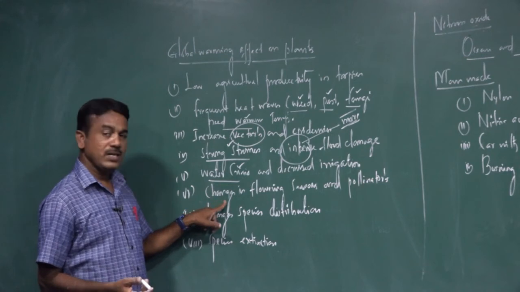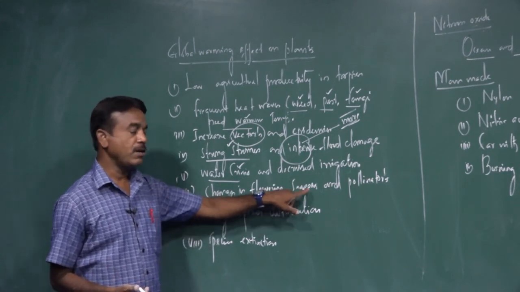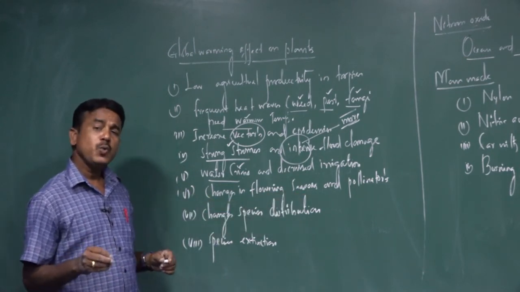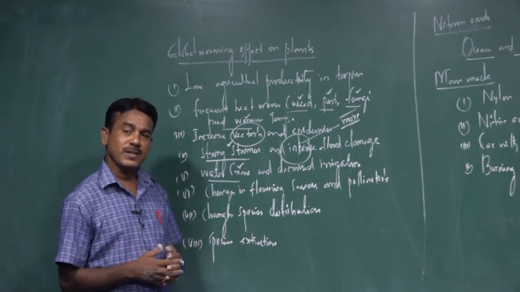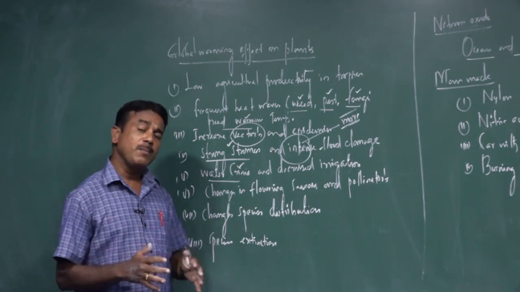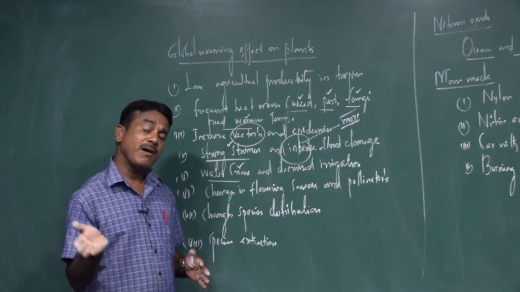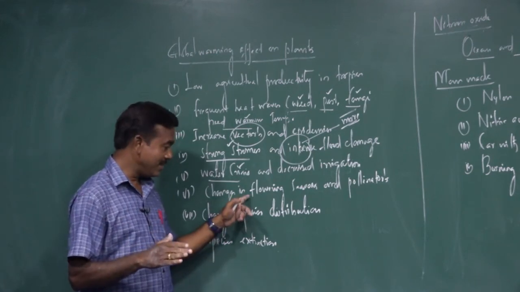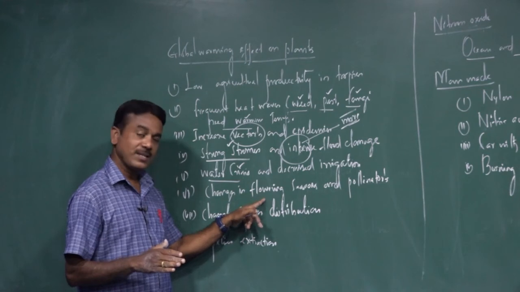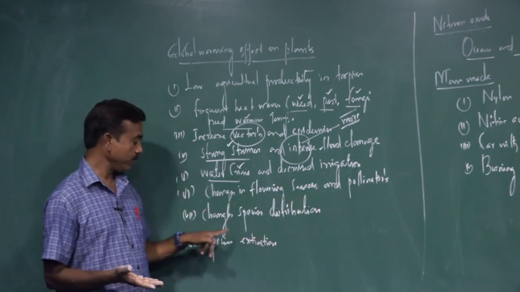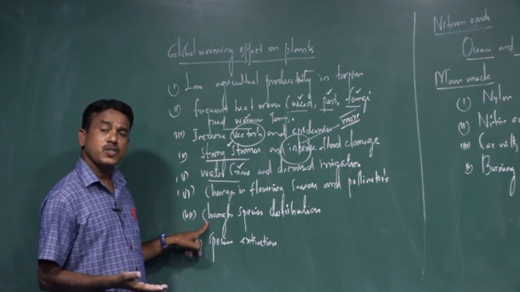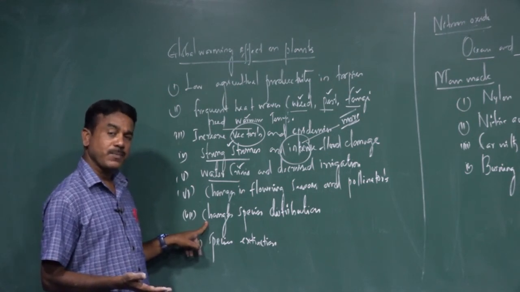Then changes in flowering season and pollinators. Usually pollination takes place during the rainy season. If there is no rain, or the rain comes later, the flowering changes, as well as pollination and the pollinators. Changes in species distribution.